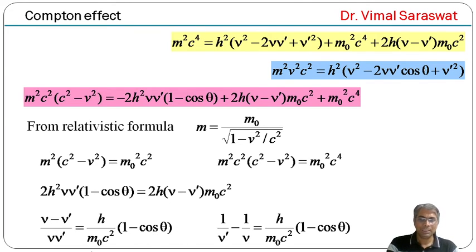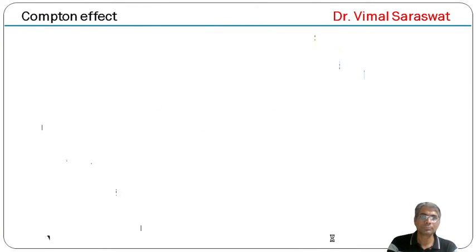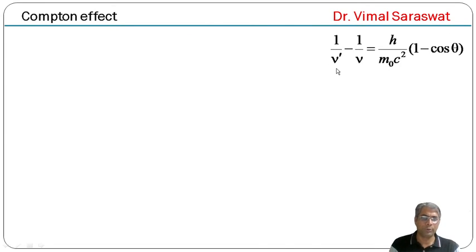Or from this equation we get 1 upon ν' minus 1 upon ν is equal to h upon m₀c², and in bracket 1 minus cosθ.